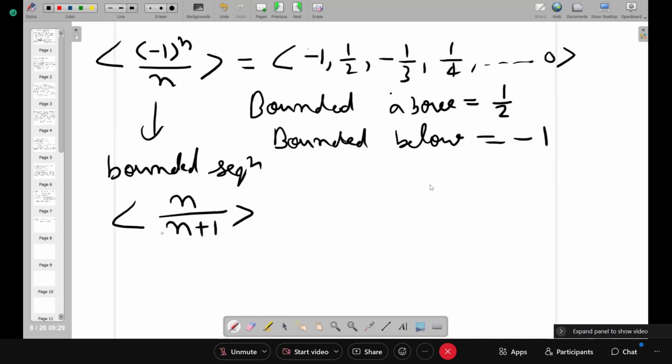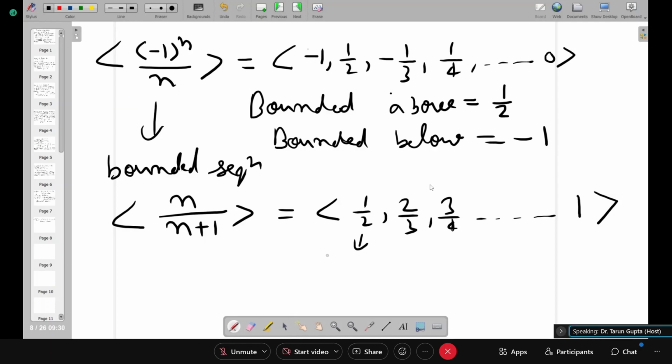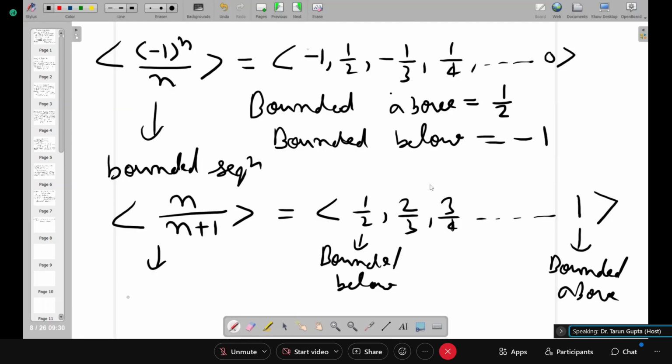So this is a bounded sequence, because here the terms are 1/2, 2/3, 3/4, and at the end 1. So it is bounded below and bounded above. So this sequence is a bounded sequence.